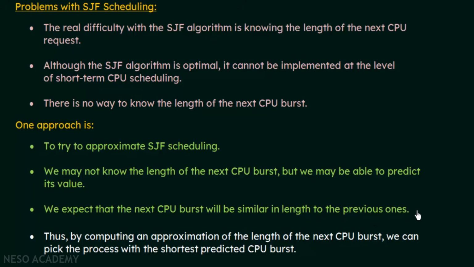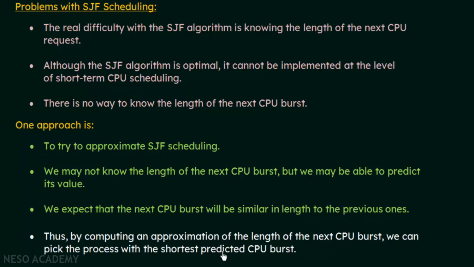So once one CPU burst has occurred, then we can assume that the next CPU burst also will be approximately of that same length. So in some cases it may not be the same, but in most of the cases the next CPU burst will be somewhat similar to the previous CPU burst that we have. So we can approximate the value in that way and use the SJF scheduling algorithm.